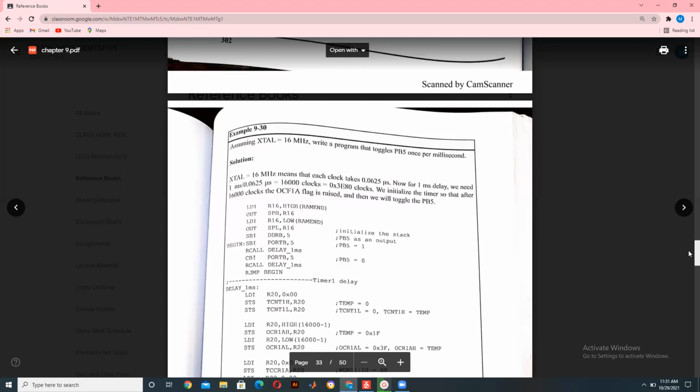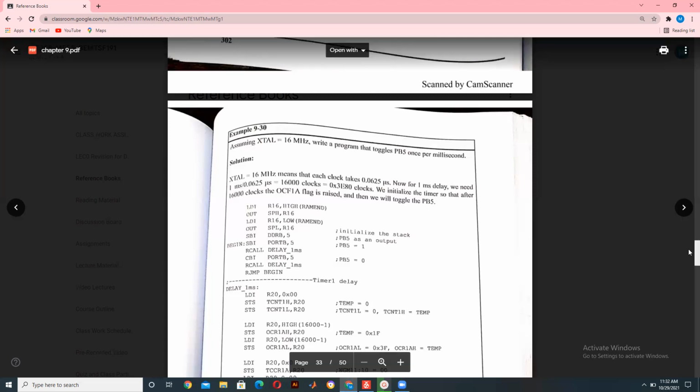After making the stack, we set up SPI 5, the fifth pin of port 5, as output, and then we begin. We call delay, and it would again jump to delay.